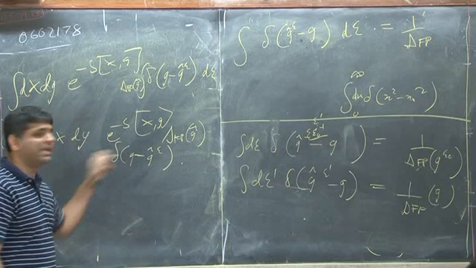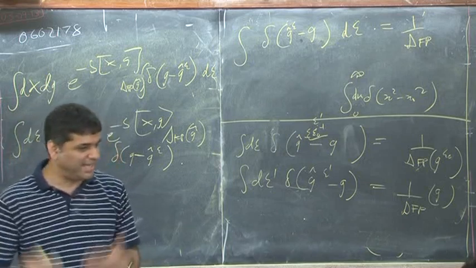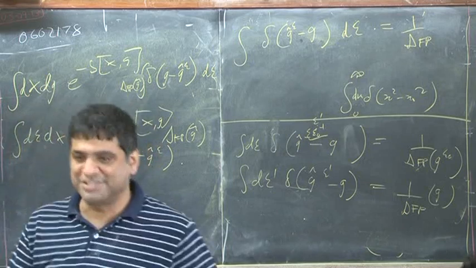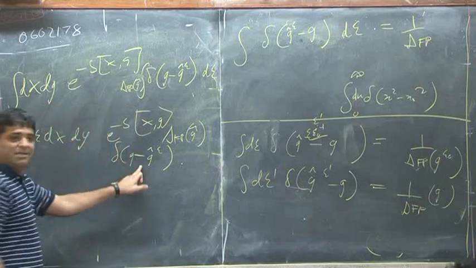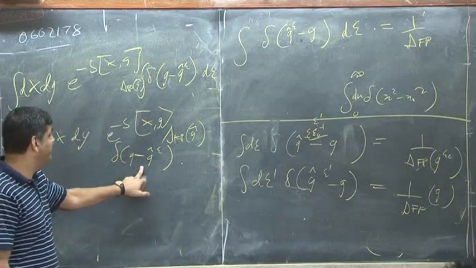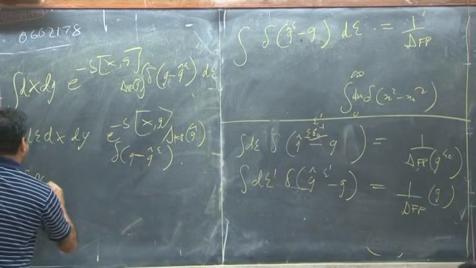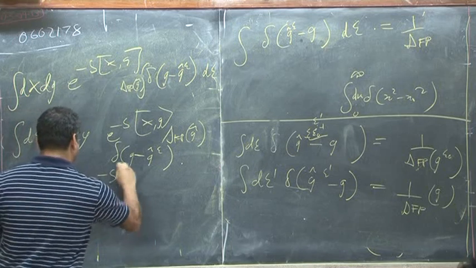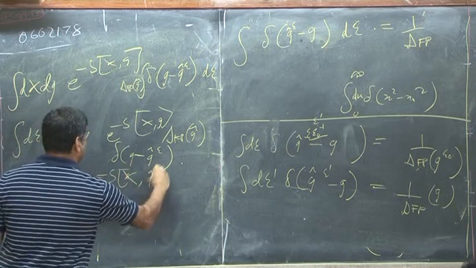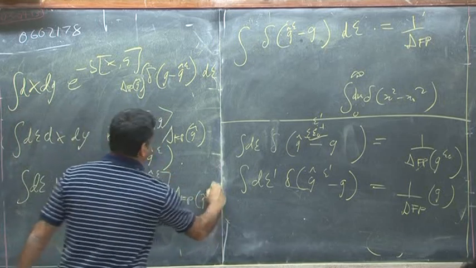We've got an integral and a delta function. And integrals and delta functions are built to cancel each other. So the integral over g can be done by just replacing g by g hat of zeta. So we get d zeta dx mu e to the power minus S of x, g hat of zeta, times delta FP of g hat.